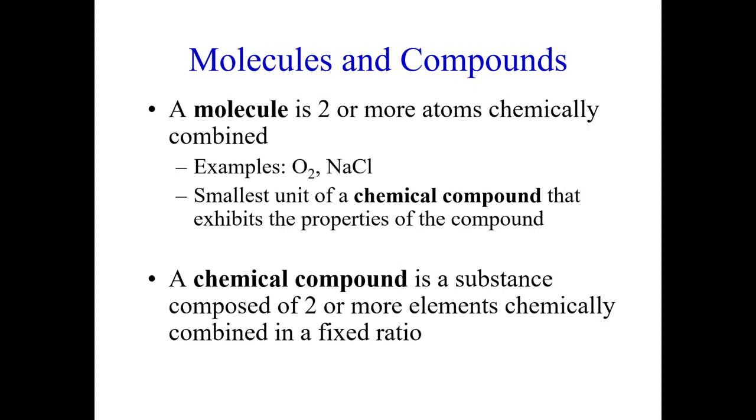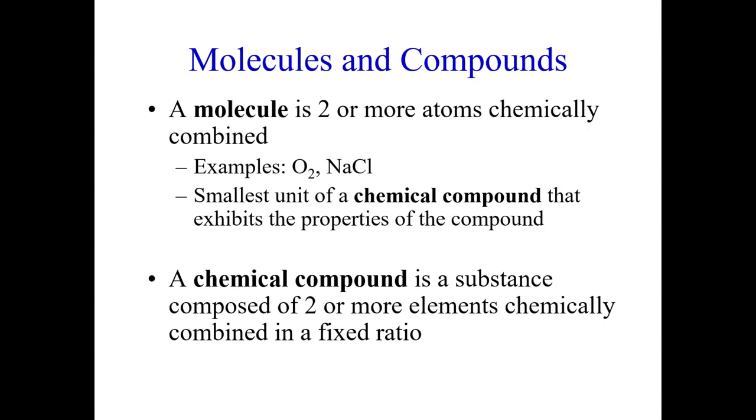So I said that these elements want to bond with other elements, right? And they do. There are things called molecules and compounds. A molecule is 2 or more atoms that are chemically combined. Here are 2 examples: O2, which is 2 oxygens, or NaCl, which is what we call table salt.